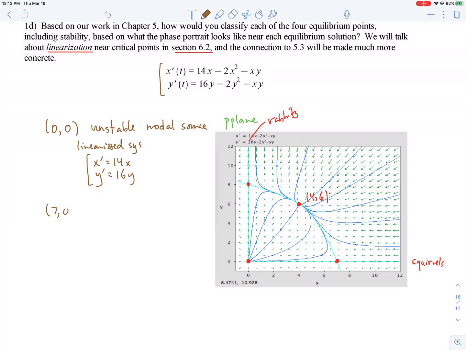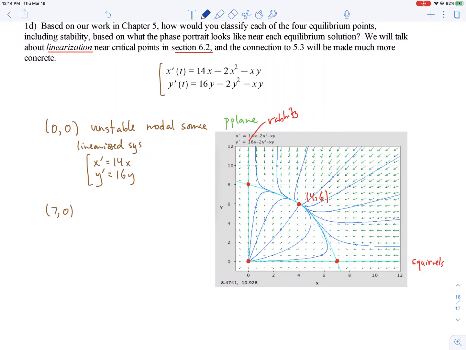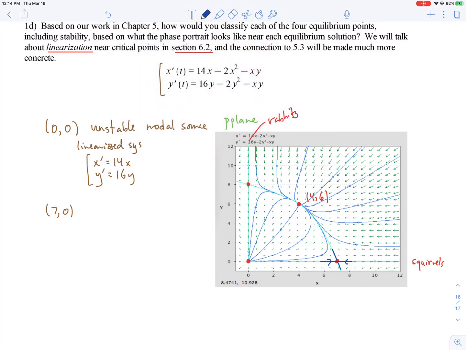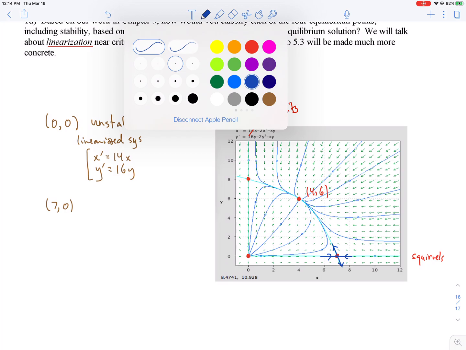7, 0 has the classic saddle-like picture nearby. So if we magnified that picture, it looks like a little saddle diagram, and in fact that's true.